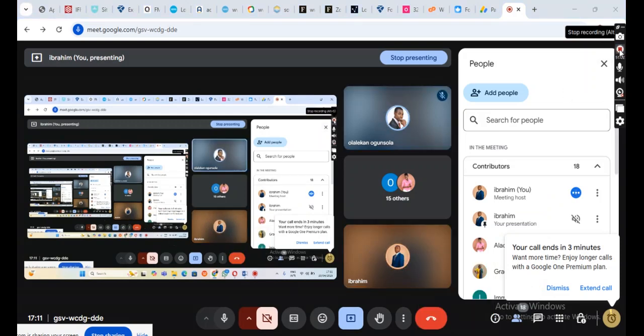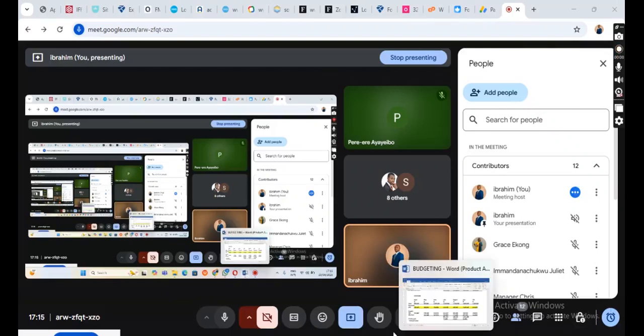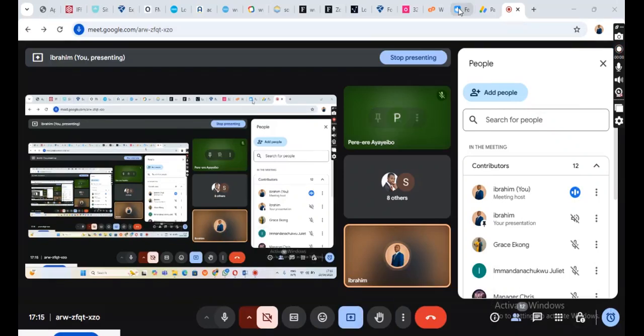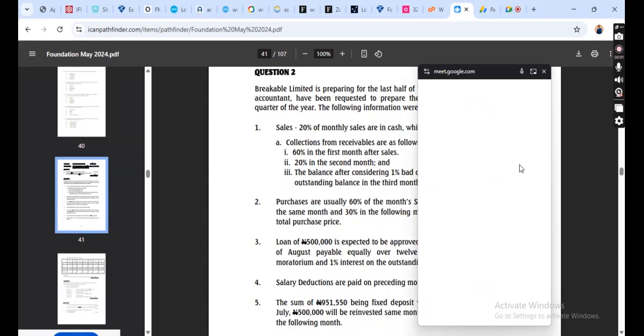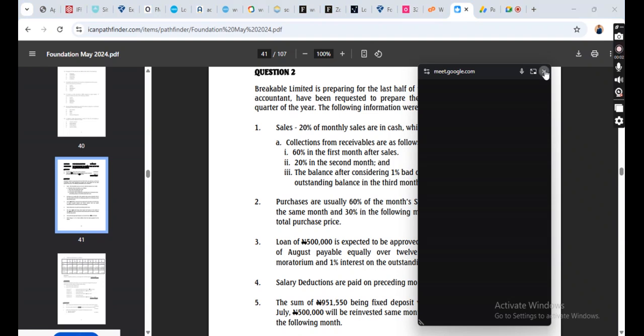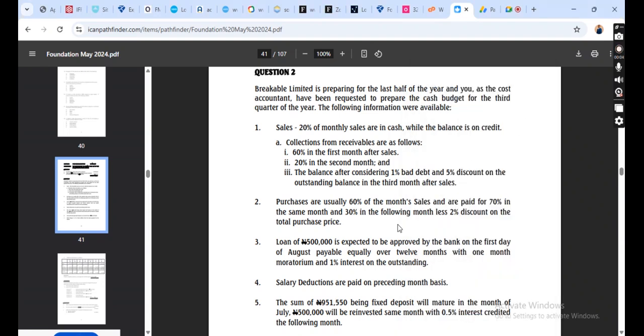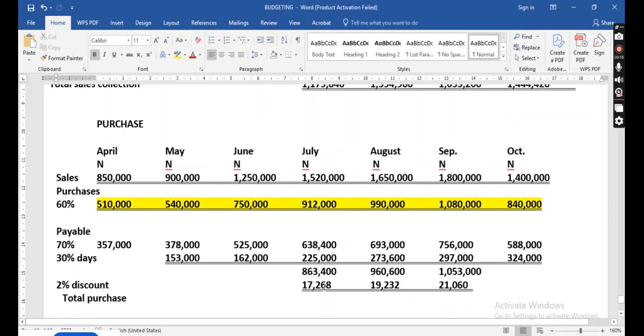Let's create another link. Now, in this question, the question says that it is 2% of the total purchase. Class, it is 2% of the what? Total purchase price. Class, what is the total purchase price? All these figures here are payables, right?